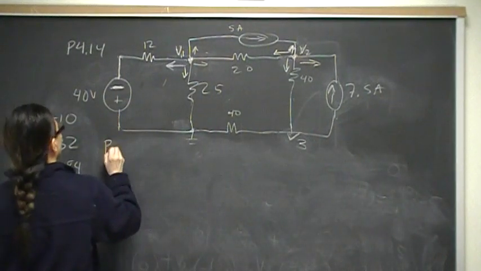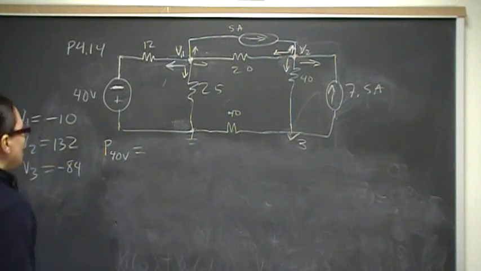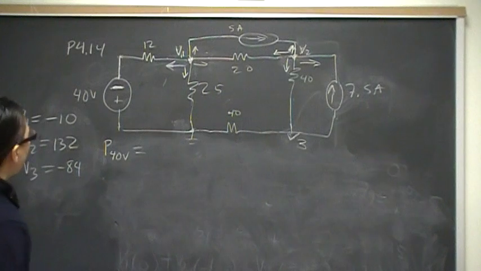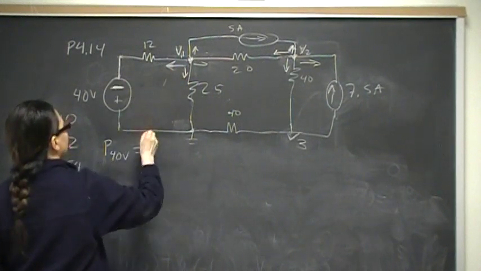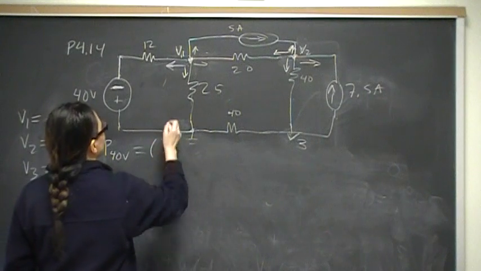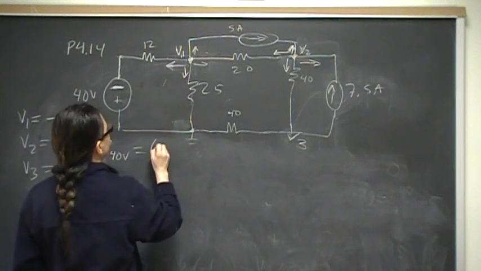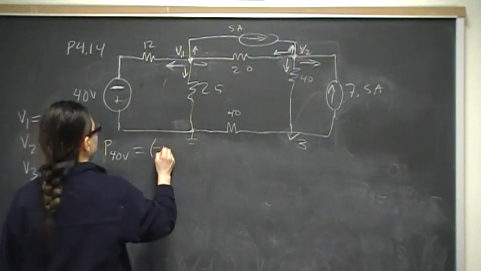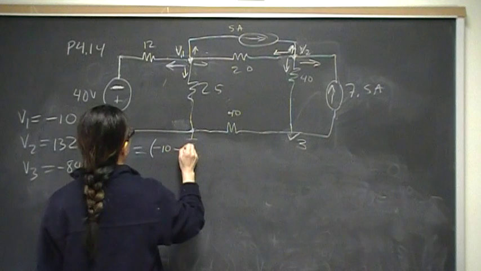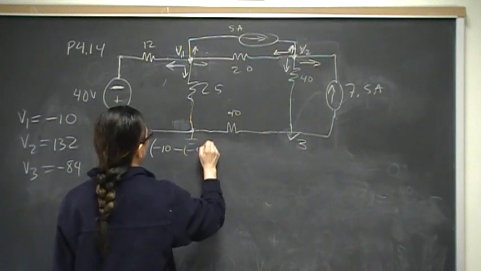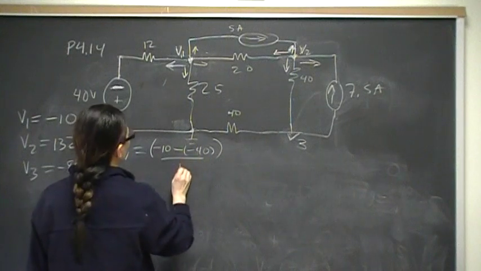The power from the 40 volt source, okay? The current is going to be V1. I'm going to calculate this current, right? So this current, if I calculate it in such a way that it's positive, I'll have V1, which is negative 10, minus V2, which is going to be negative, minus negative 40 volts, over 12.